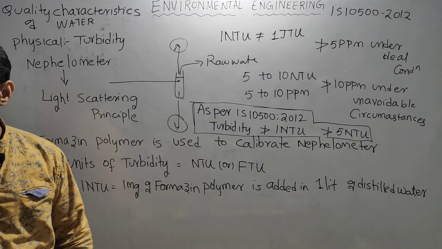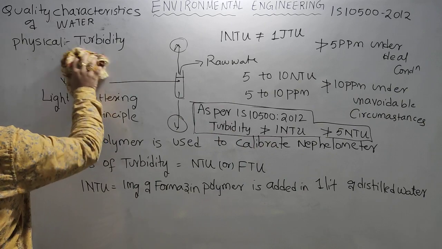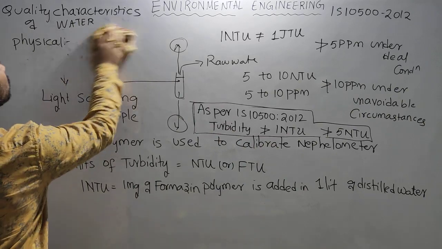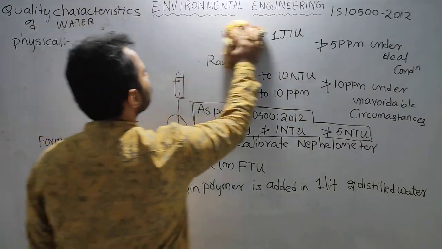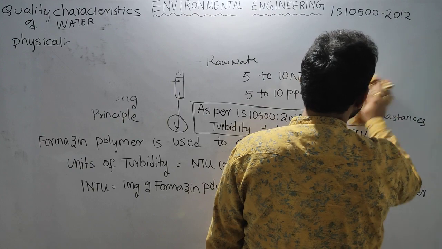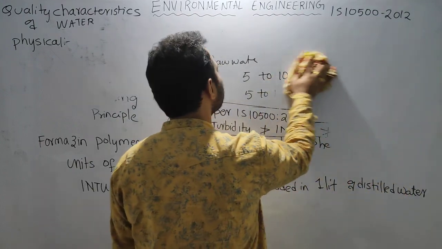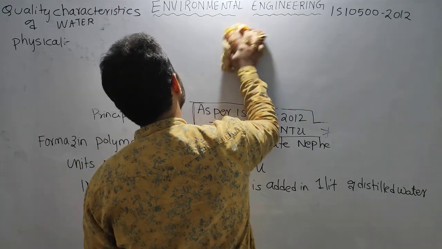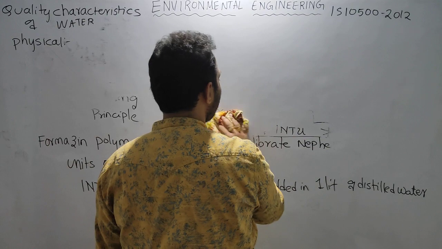Now let us move to the next topic, that is color. In color also there are two types: apparent color and true color.